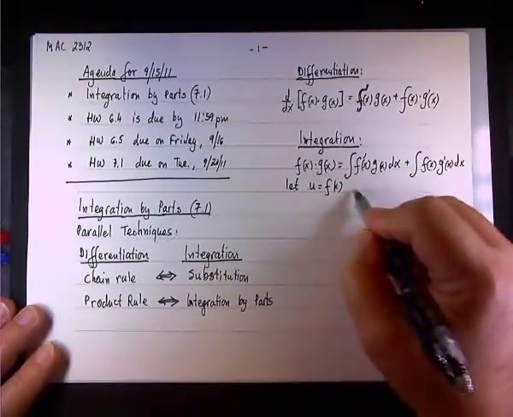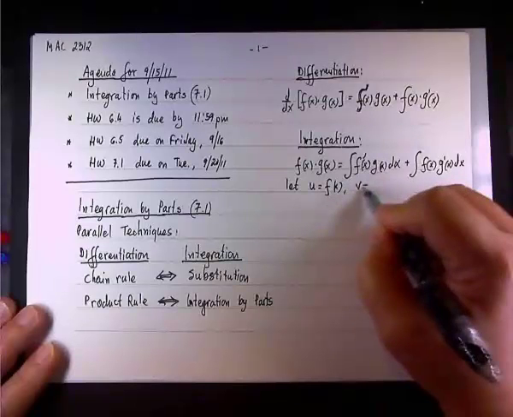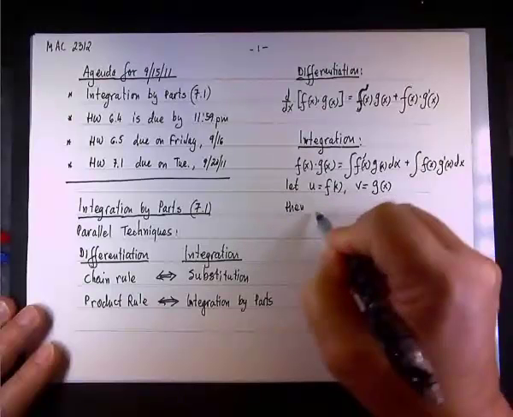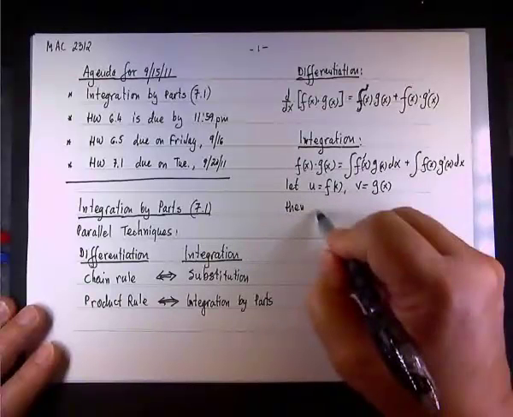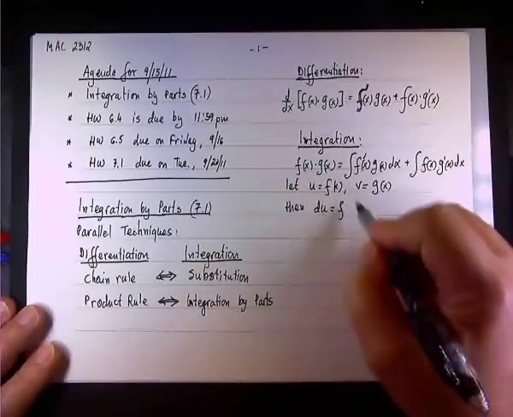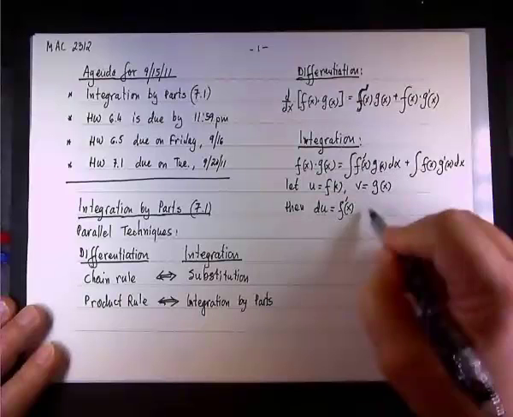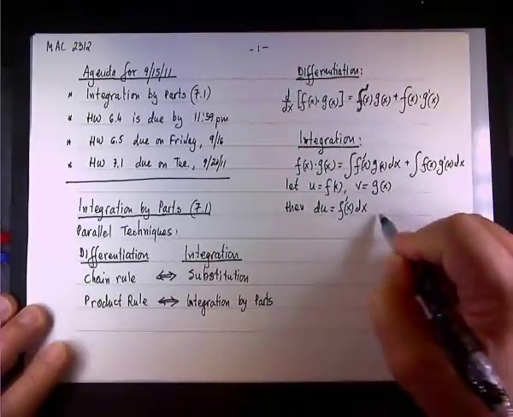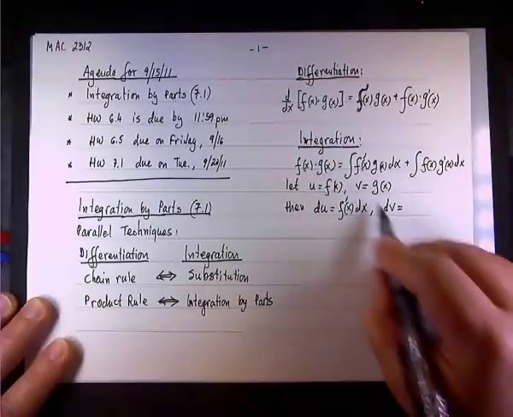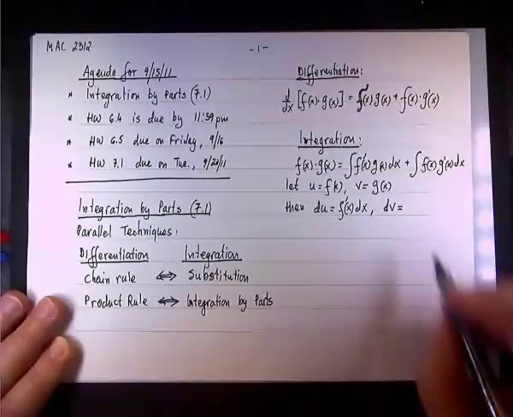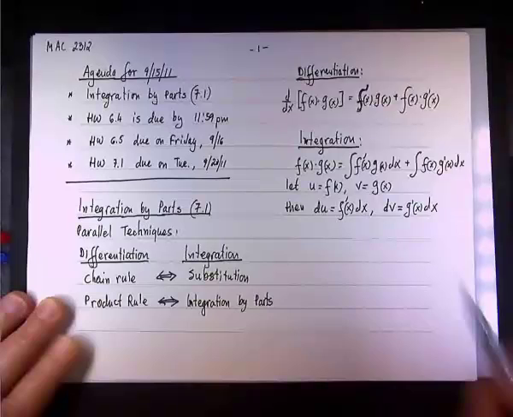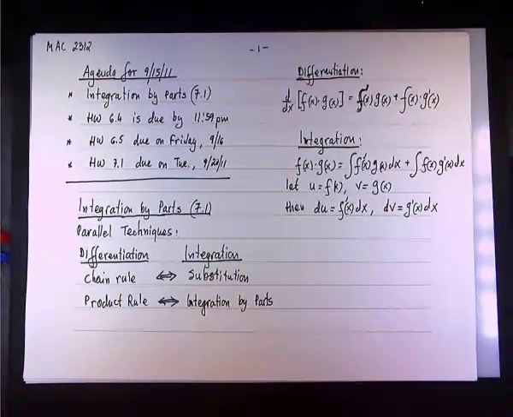Let u equal f of x, and v equal g of x. If we do this substitution, then the differential du will be, remember, du/dx is f prime, right? So du by itself will be f prime dx. And the differential dv, since v is g of x, dv/dx equals g prime, and dv is g prime dx.